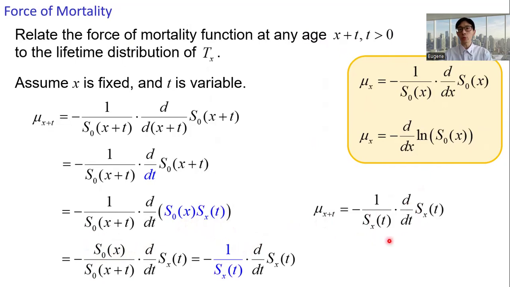This expression can also be written as the negative of d/dt of the natural log of Sx of t. The negative d Sx of t/dt is the density function, fx. So mu x plus t equals fx of t over the survival function Sx of t.